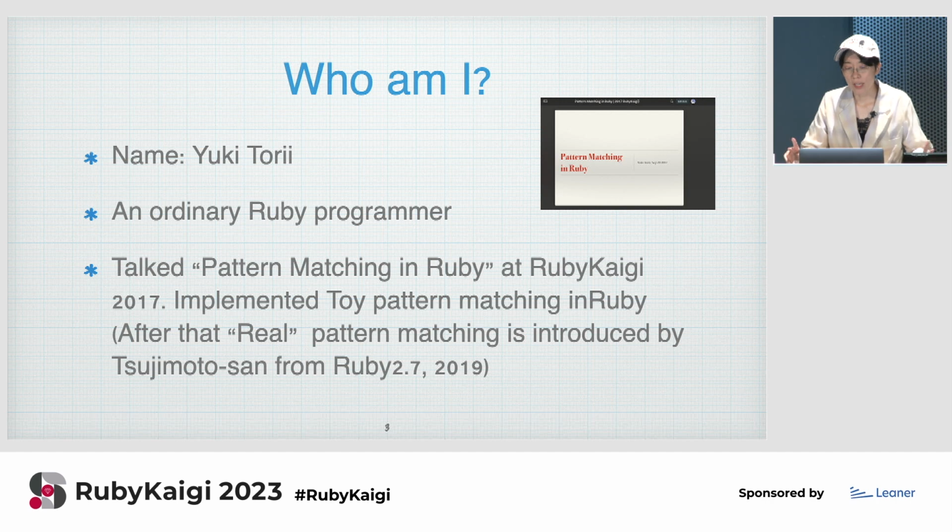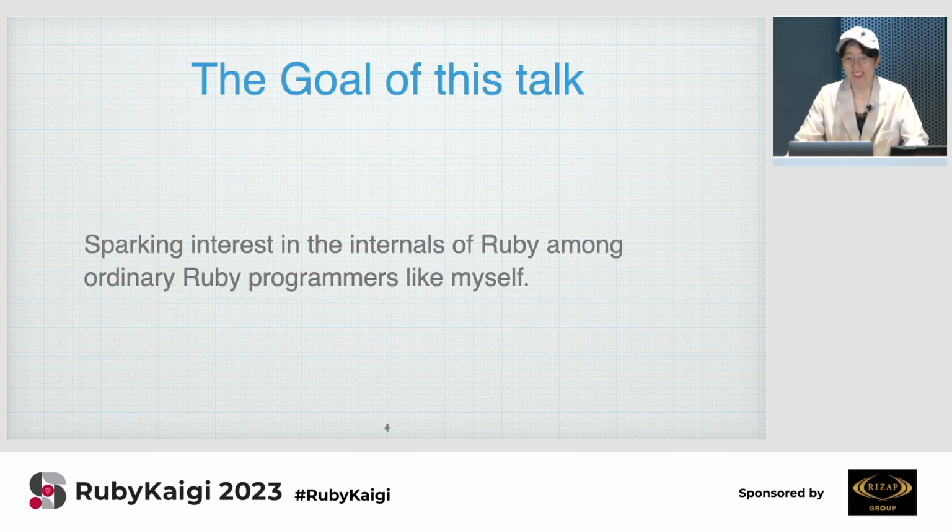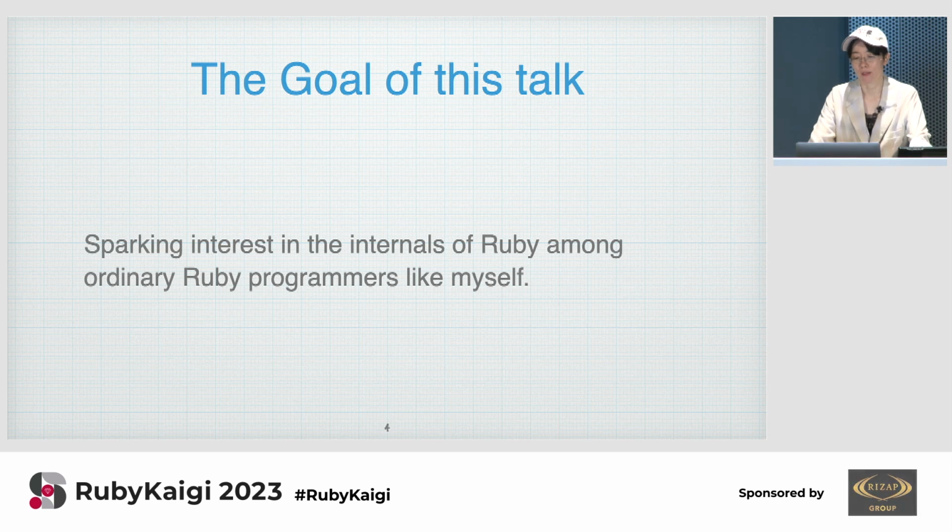After that, real pattern matching was introduced by Tsujimoto-san in Ruby 2.7. The goal of this talk is sparking interest in the internals of Ruby among ordinary Ruby programmers like myself.